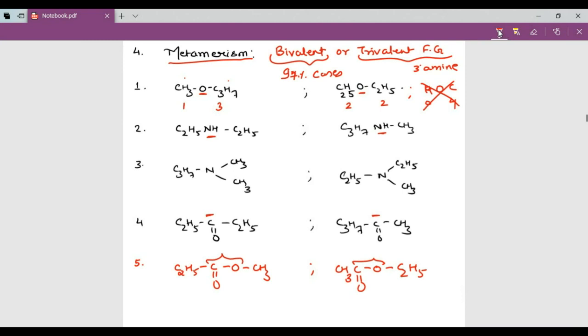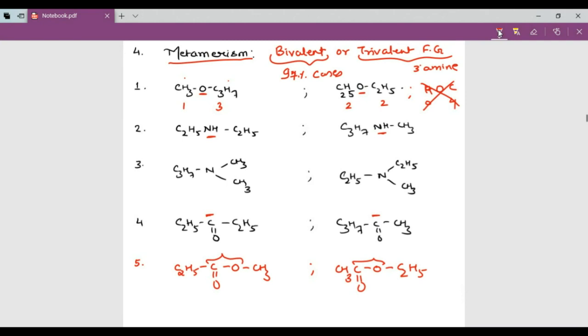You continuously have to see that yes, the functional group in the given pair of molecules is the same. Once you can maintain all these facts, then it is okay, we can proceed.